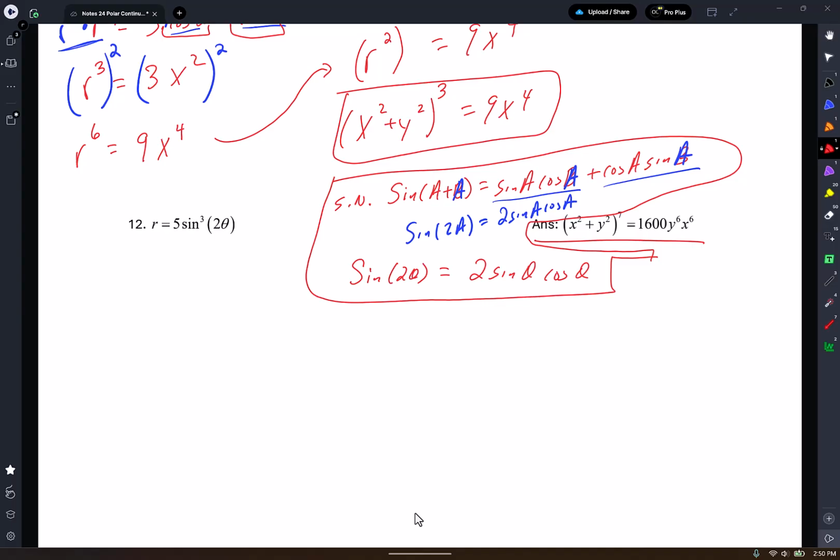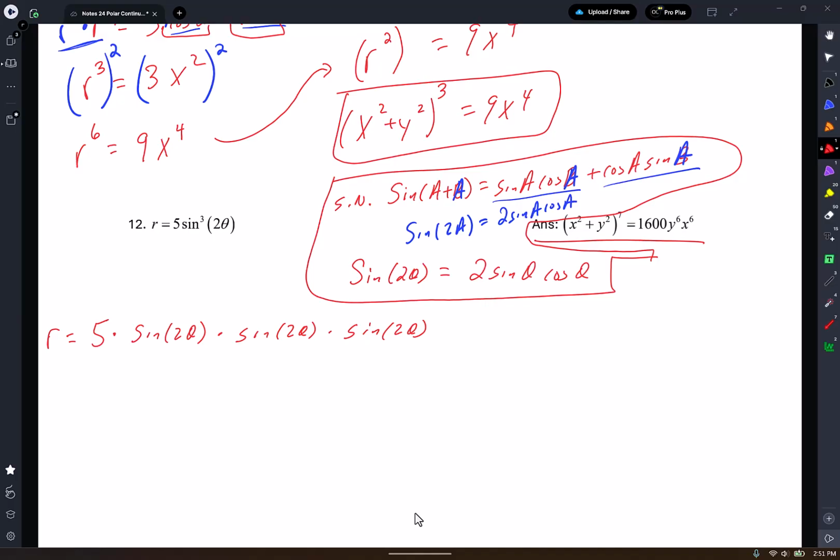I'm gonna substitute. Well, I guess first I gotta. No, let's not. I'm gonna expand it, and then we'll substitute. 5 times. Look, that says cube times sine 2 theta times sine 2 theta times sine 2 theta. Try and write small. I want to get rid of that sine 2 theta.